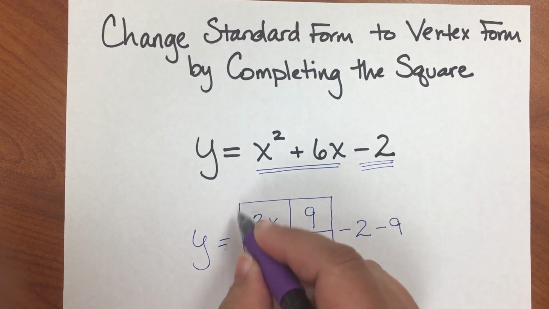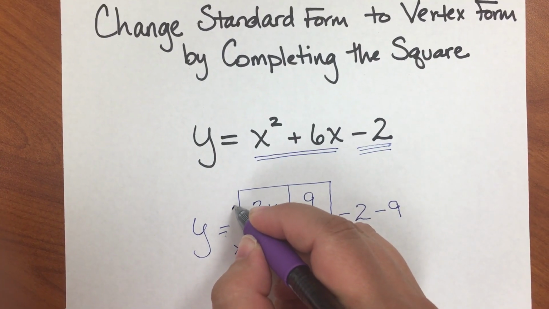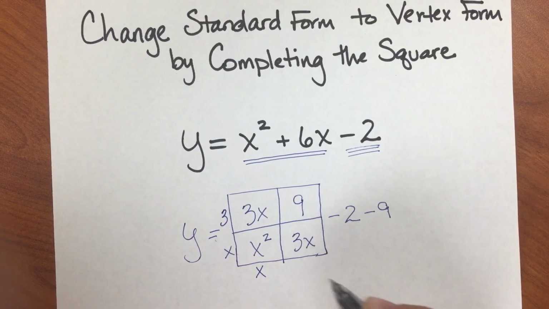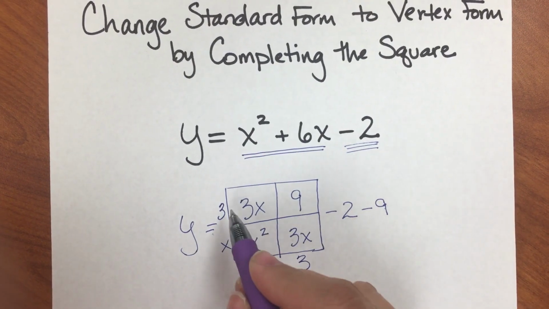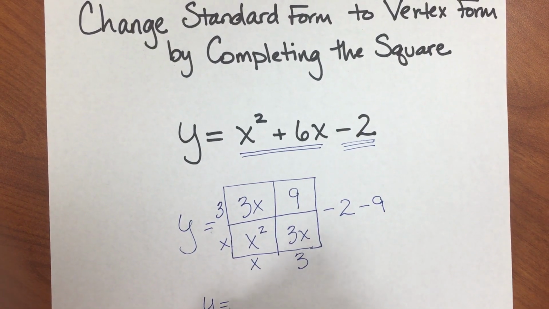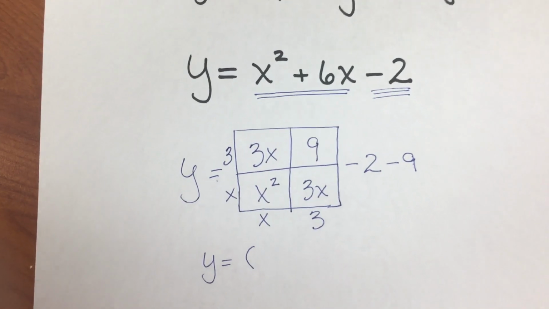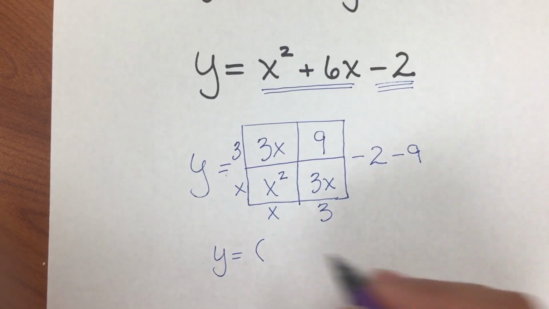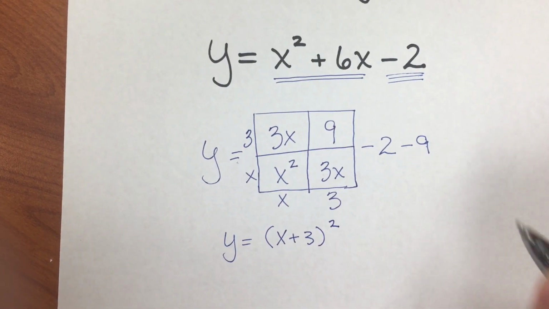Now I am going to work the outside of the area model to get the dimensions, the length and the width. Since I've got x squared here, I would have x and x. This would be 3 and that would be 3. Since I have x plus 3 times x plus 3, that is the same as saying x plus 3 squared.